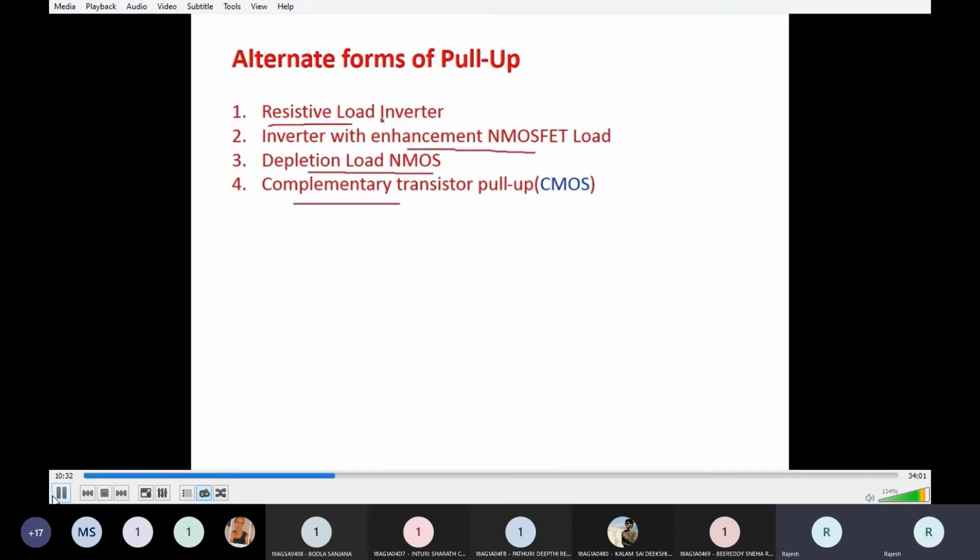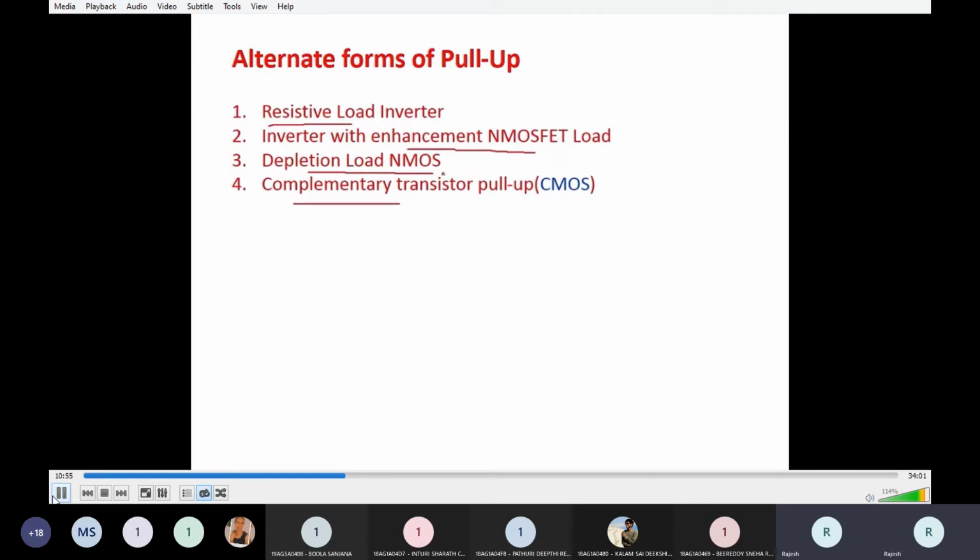Resistive load means the pull up network is replaced by a resistor, which acts as the load resistor. Second, inverter with enhancement mode NMOSFET: in the pull up network, the depletion mode MOSFET is replaced by an enhancement mode MOSFET. How it works as an inverter we will discuss.